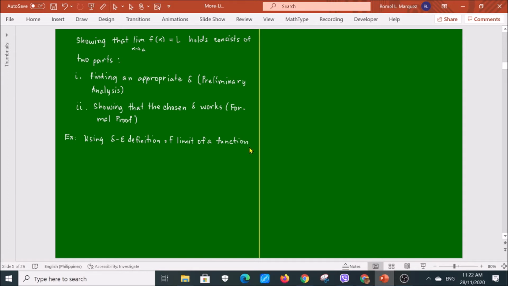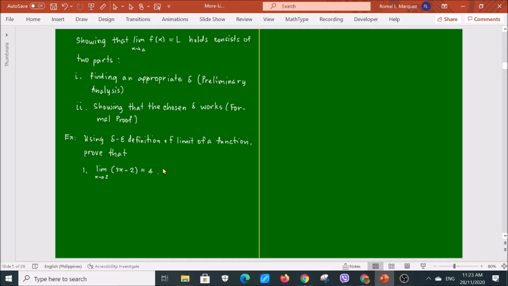Prove that the limit as x approaches, let's say 2, of 3x minus 2 is equal to 4. Okay?